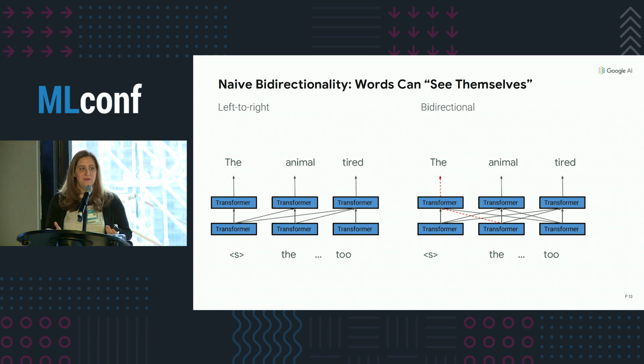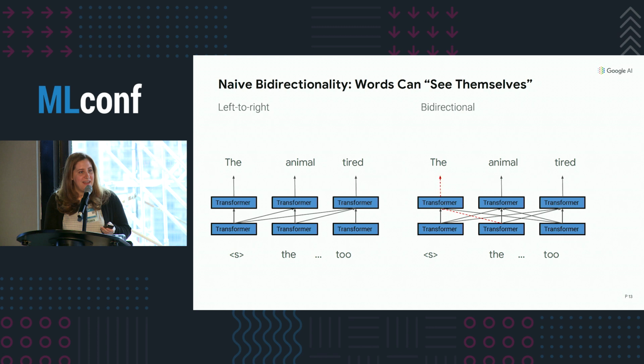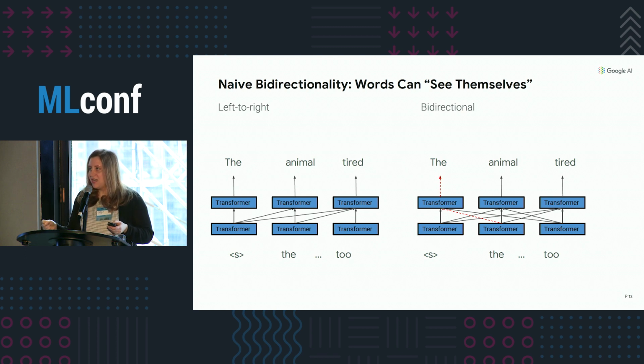And so one thing you might say is, okay, let's just look at it then. Let's just add some more arrows. Instead of only attending backwards, you can also attend forwards. So that's the picture on the right. If you do that, then actually the model can completely cheat and not learn anything. So if I have my task where at the start I need to predict the, and at the I need to predict animal, and so on, for the animal didn't cross the street because it's too tired.